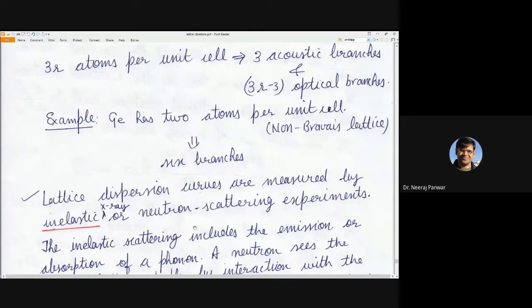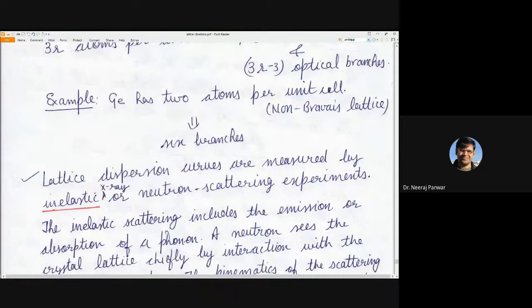How are these lattice vibrations studied experimentally? How do we get these omega versus K diagrams? These are studied or measured by inelastic X-ray or neutron scattering experiments. The inelastic scattering includes the emission or absorption of a phonon.